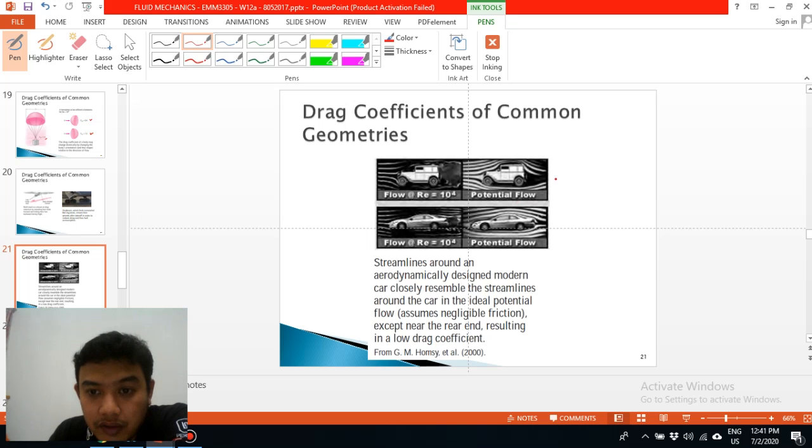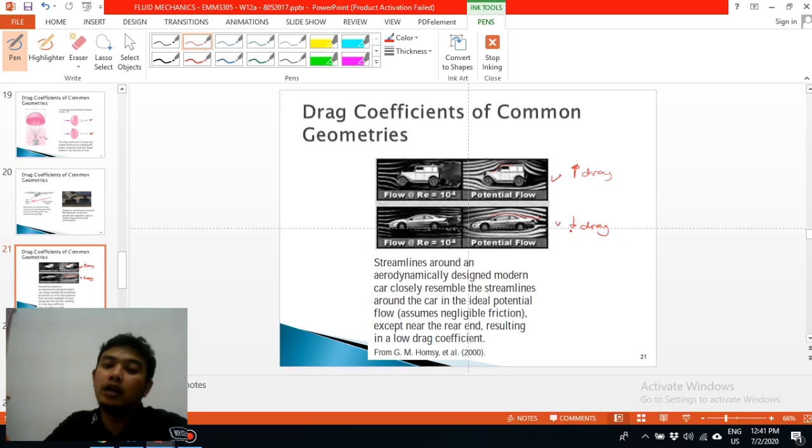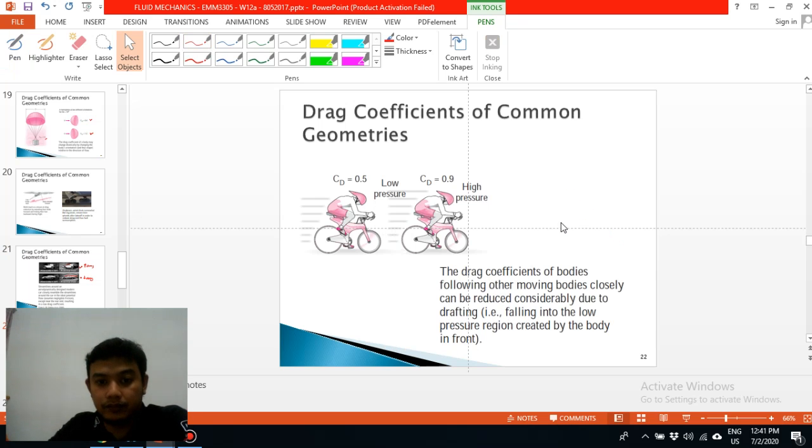If you can see, the first design produces higher drag because of higher obstruction compared to the second design, which is more aerodynamic, and the flow moves smoothly compared to the first one. So this one will produce higher drag compared to this one, which will produce lower drag. So that's why aerodynamics is important to reduce the drag effect.